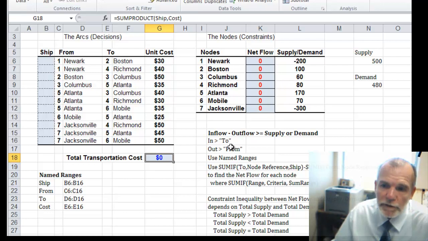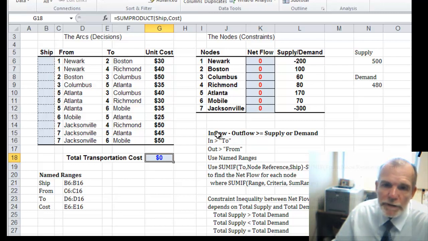Now the way that we can do that is this relationship, that inflow minus outflow has some inequality relationship with supply or demand. That particular inequality depends on whether the total supply is more than the total demand or not. And you can see those representations down here.